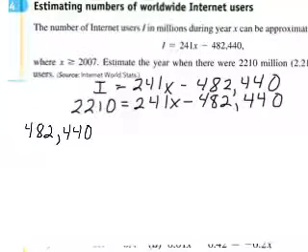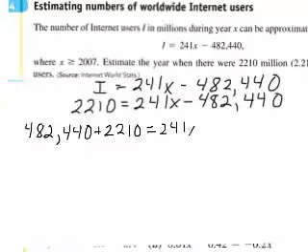So we've got 482,440 plus 2,210 equals 241x minus 482,440 plus that same number, if I can get it to fit here.